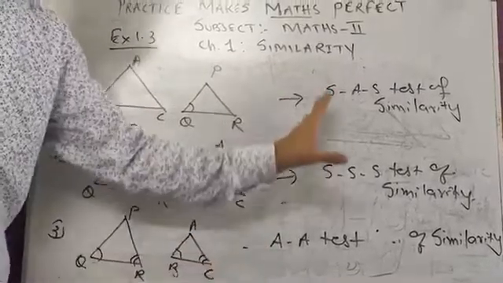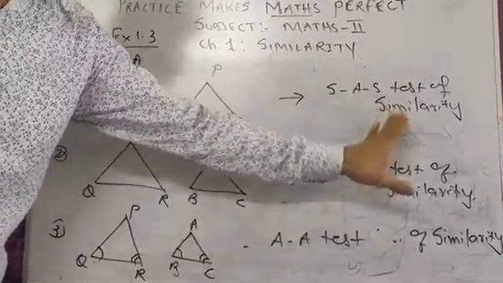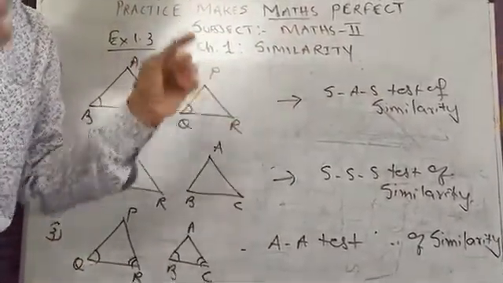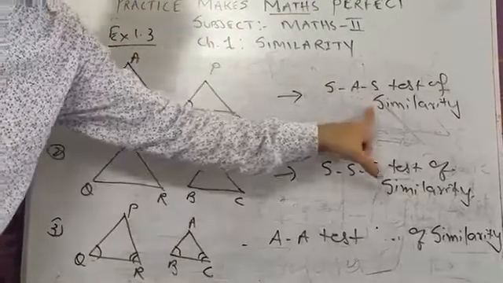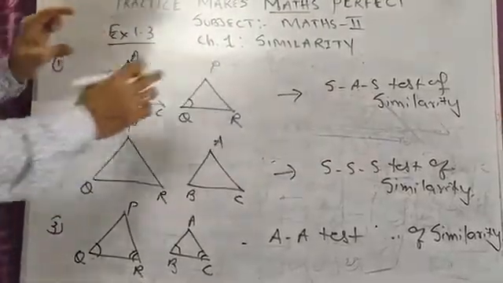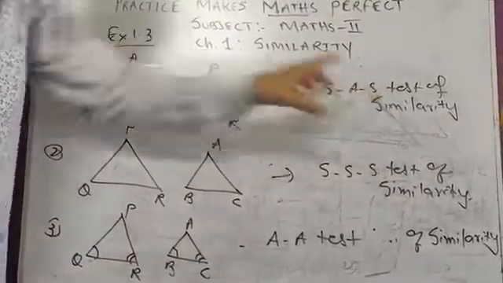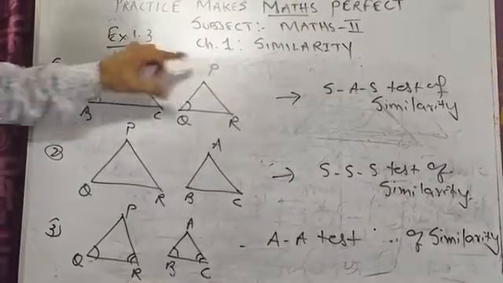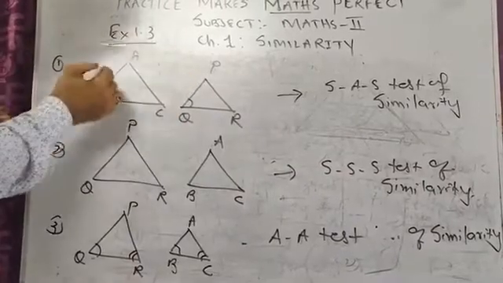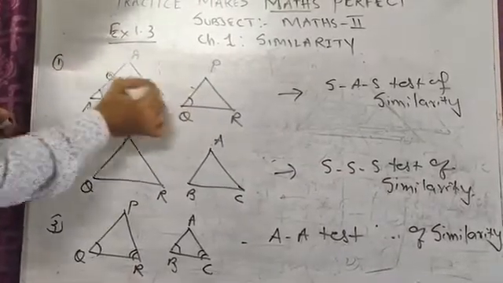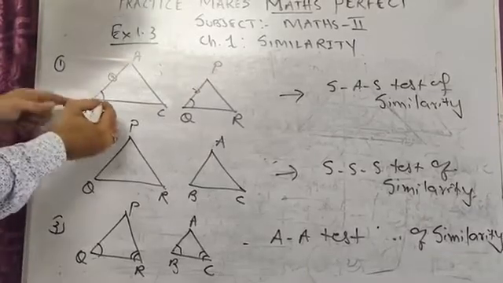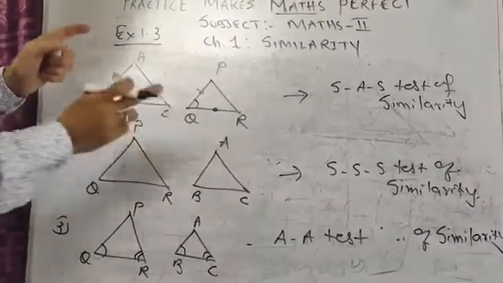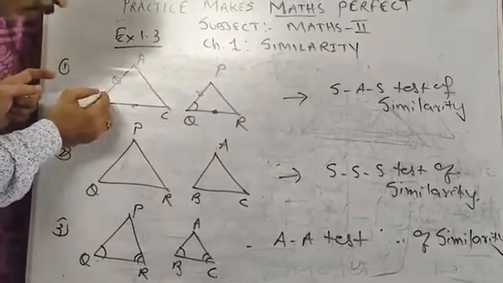Now similarity is different from congruency. In congruency we show the parts congruent, but in similarity we have to show the ratios equal. For example, side angle side: you will take the ratio AB upon PQ first, then you will take BC upon QR. Both the ratios must be equal, and then one included angle is there.